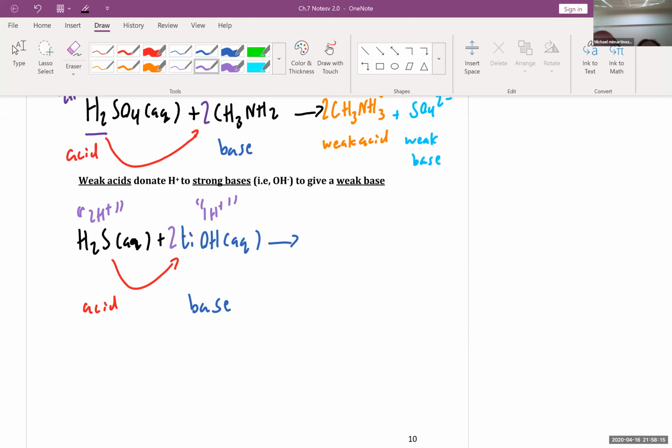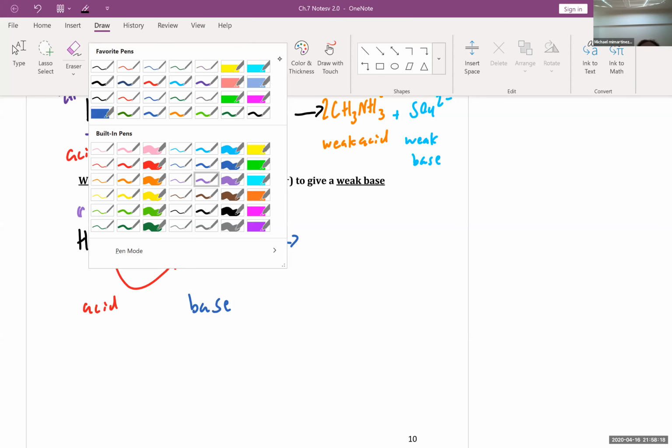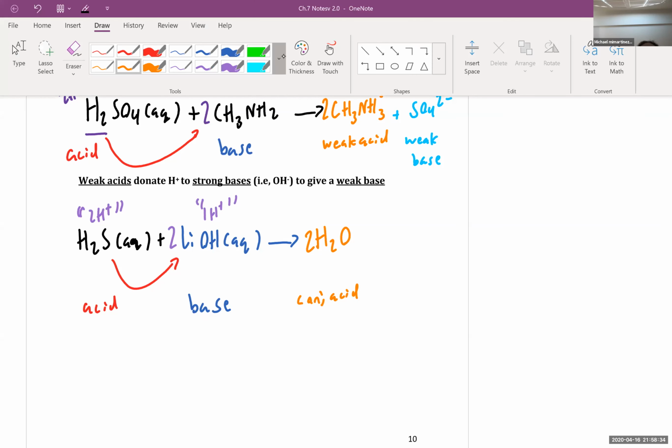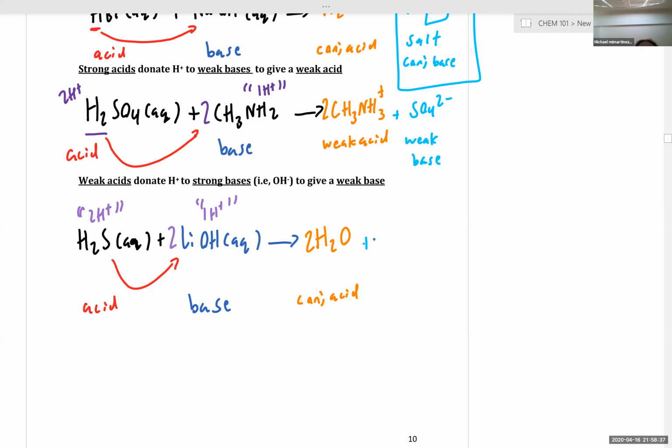So our acid donates a proton to the base, and in turn, we generate water, which is our conjugate acid, and we generate lithium sulfide, which is not our conjugate base, it's just a weak base.